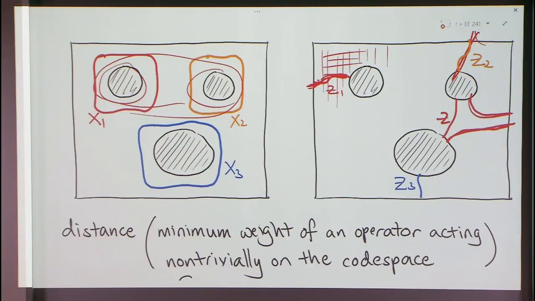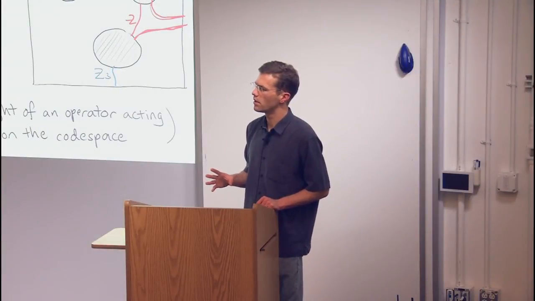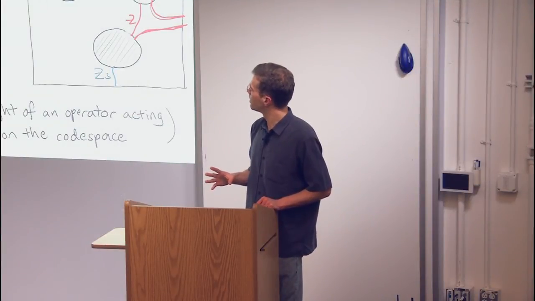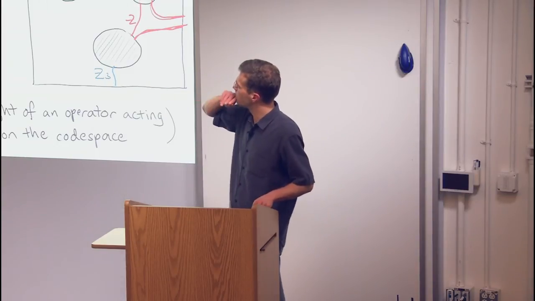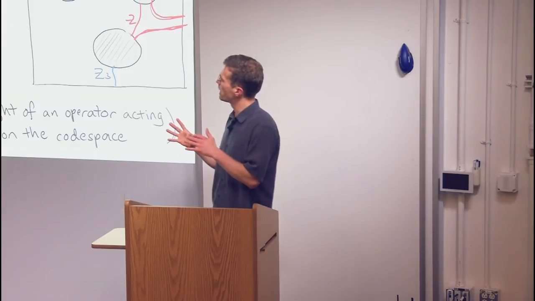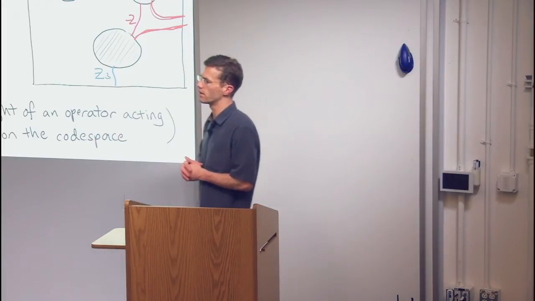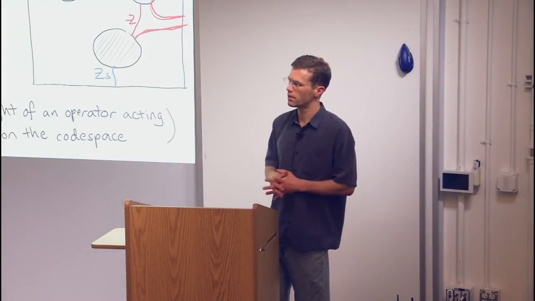It should leave the code space unchanged. It's not going to change any count, right? No, it doesn't change any count. It commutes with all the X's. So you should be able to multiply some subset of these vertex Z stabilizers and generate something that goes around.